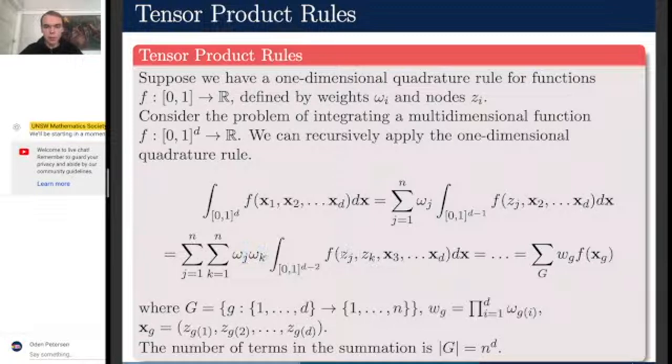And then n to the power of d different combinations of the nodes that fill in each element of this vector that is the argument to this function that we sampled the multidimensional function at.